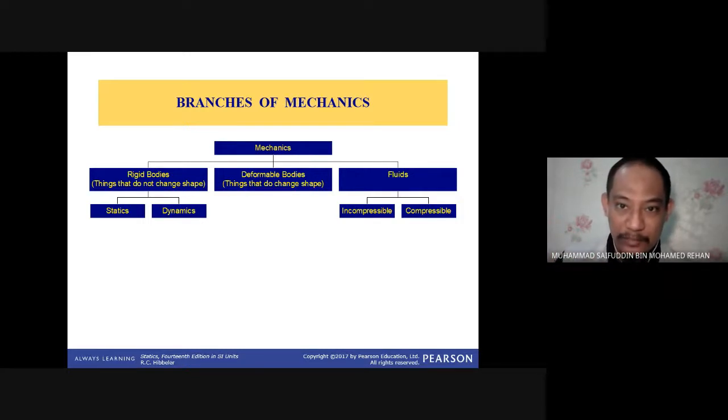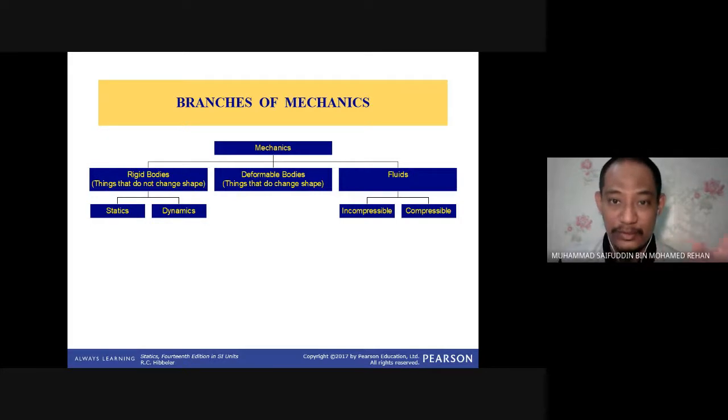So here, for those who are under mechanical subjects or courses, be it automotive or aerospace, you have to learn from left to right, right? So the easiest is on the left, the most difficult is on the right. For those who are from different courses, I think they only have to take statics and dynamics.